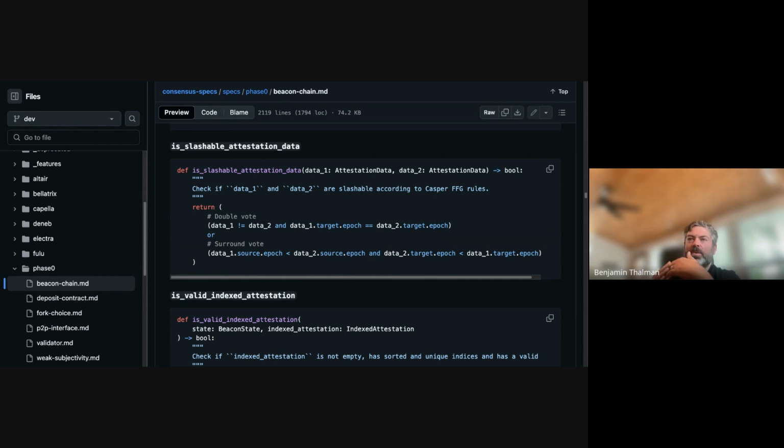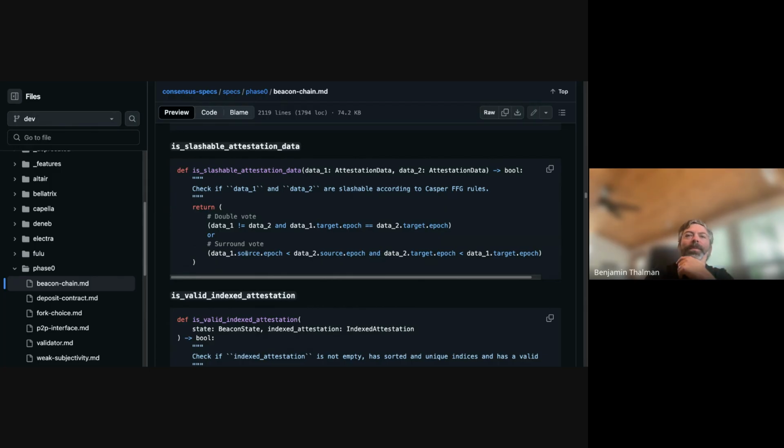Basically, the idea is that you can vote your source and target such that one attestation entirely surrounds another one. In other words, you can see here data 1 and data 2, and those are just attestations. So when you see data 1, think attestation 1, and data 2 is attestation 2. And you can see there's source and target.